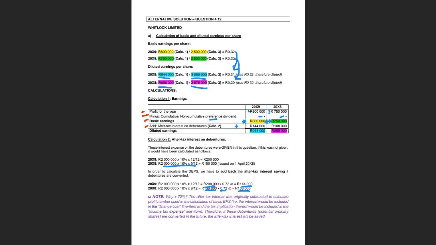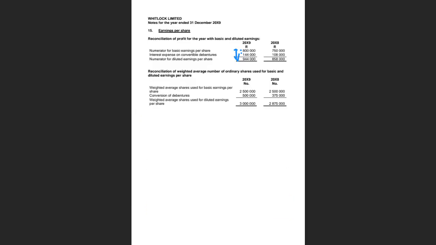We came up with our basic earnings, and then we took out any dilutive instruments, and then we came up with diluted earnings. The reason why they didn't start with profit for the year is because it was meaningless. It wouldn't have helped at all. So in terms of the presentation, it was just going to complicate the presentation and make it difficult for the users to understand. So therefore, in this specific question only, they started off with the basic earnings per share.